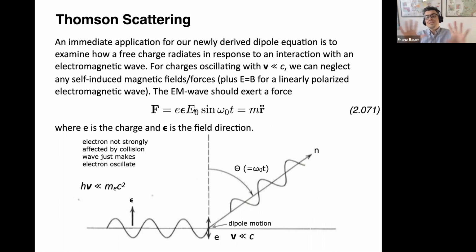Okay. What we're effectively saying is that we have some incoming radiation, it's completely absorbed, and then the electron now is accelerated, and so it oscillates, and that oscillation radiates something away.